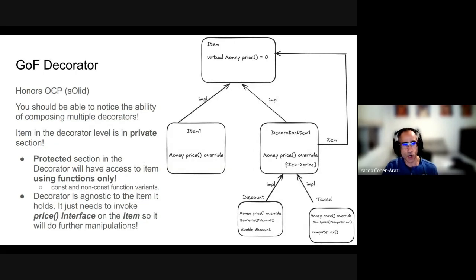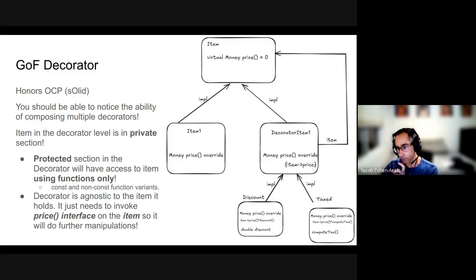Okay, so the open-closed principle, the O in SOLID, that's the important part. Just to recap, we have a decorator item in between the interface, the item. We don't have anything in that, there were no protected data members.